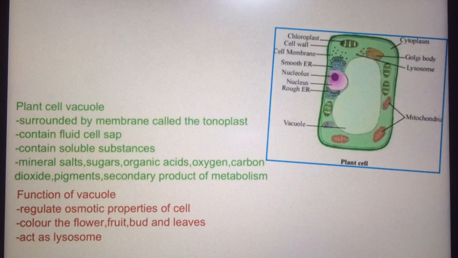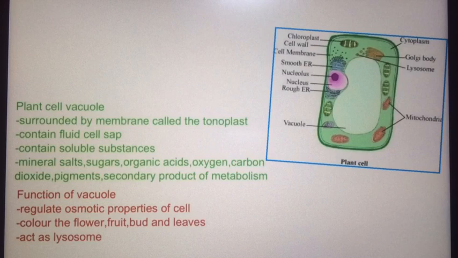The fluid they contain is called cell sap. It is a concentrated solution of mineral salts, sugars, organic acids, oxygen, carbon dioxide, pigments, and some waste, and also secondary products of metabolism. Vacuoles help to regulate the osmotic properties of cells.